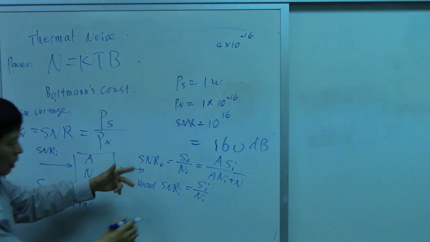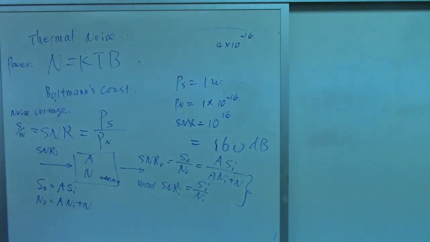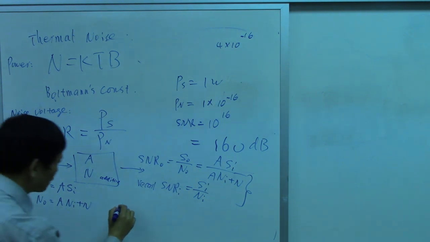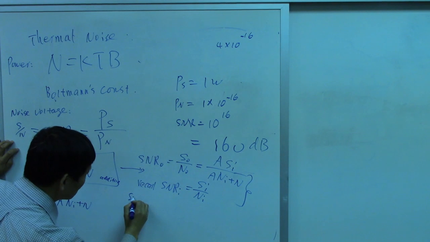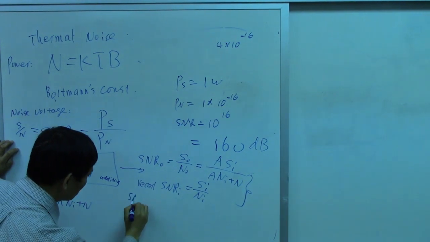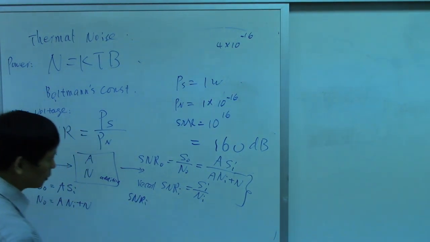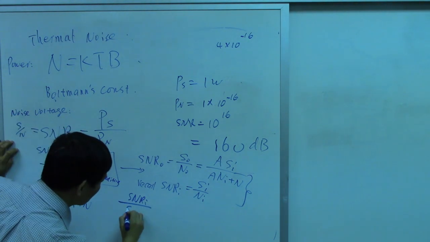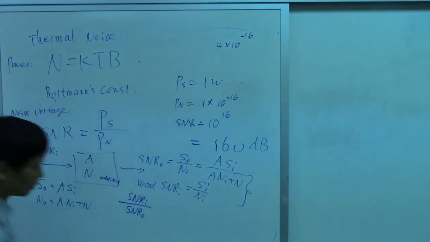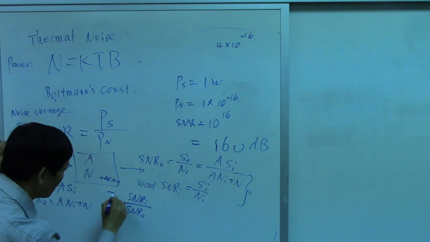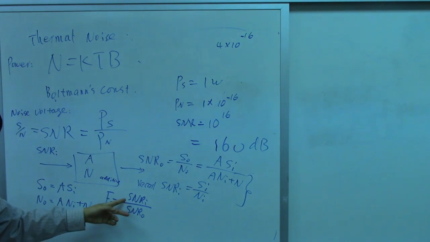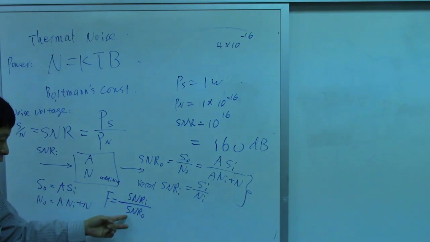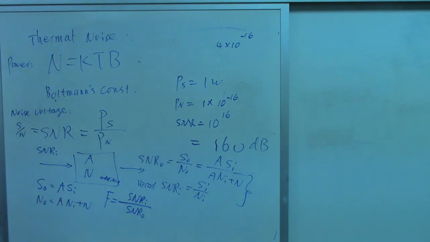Right? We combine these two together, do some math, and try to find the ratio. The ratio is defined by the signal to noise ratio at the input divided by the signal to noise ratio at the output, and we call this one the factor F.